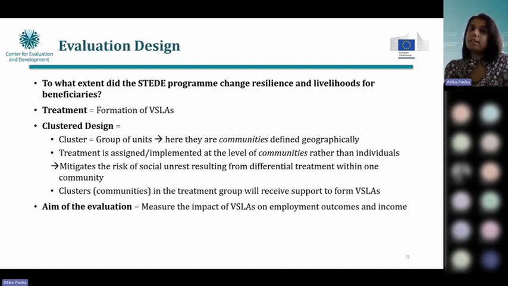So one community is given the treatment and another community is not given the treatment, which is the program. And now our aim for the evaluation is to quantify the impact of these VSLAs, the program, the treatment, on our employment outcomes and income. Again, this is how we are approximating resilience and livelihood improvement, right?